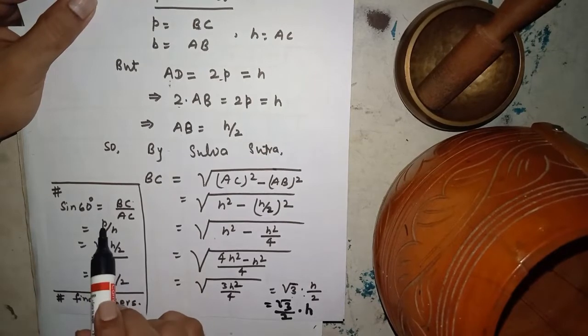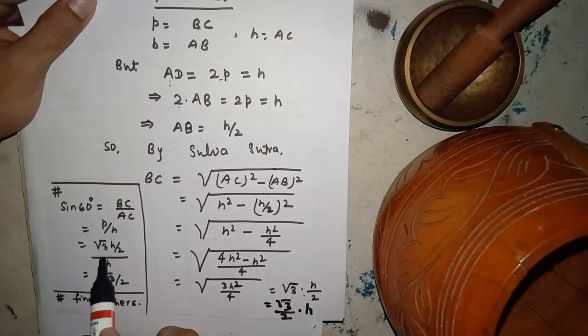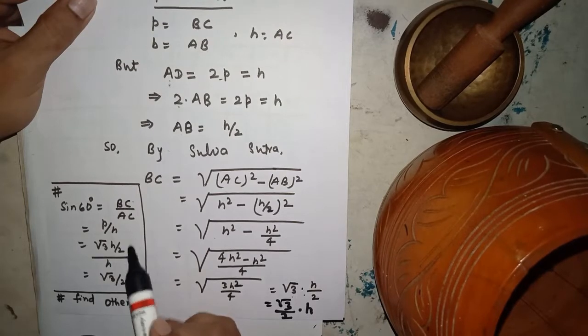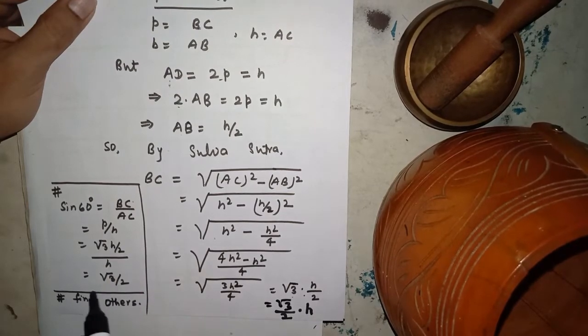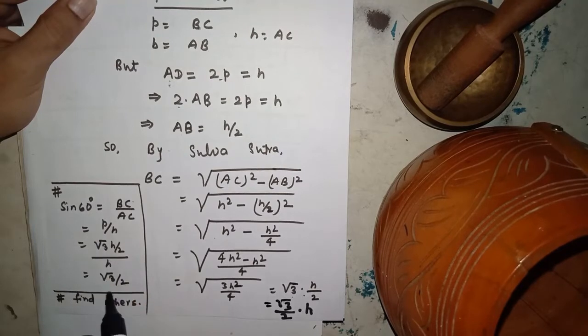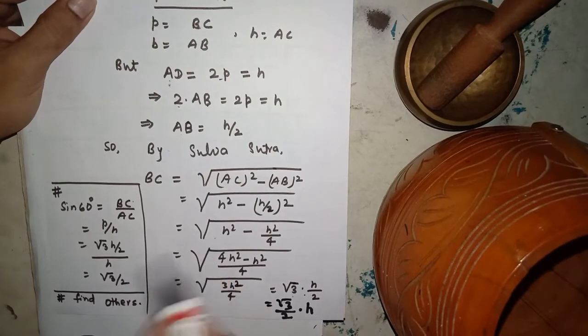So we put the value for BC as root 3 by 2 H, and H is AC is H. So H must be cancelled out, and we got the result after solving it, root 3 by 2. So we can say the value of sine 60 degree is equal to root 3 by 2. Are you getting my point?